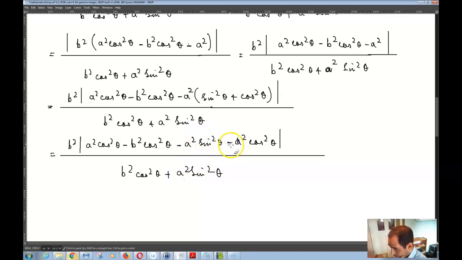So over here I have a squared. You have here basically all of these are negative except for this one. So negative b squared cos squared theta, and here I have a squared.